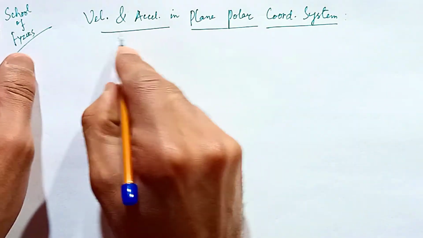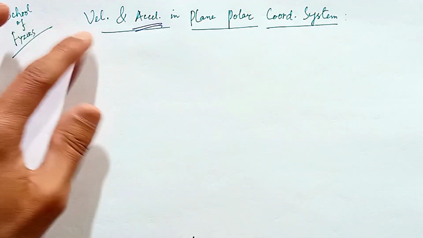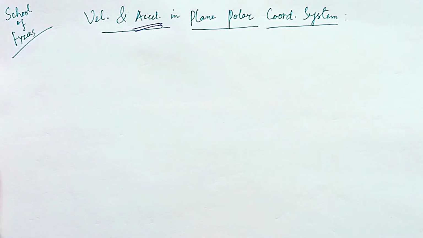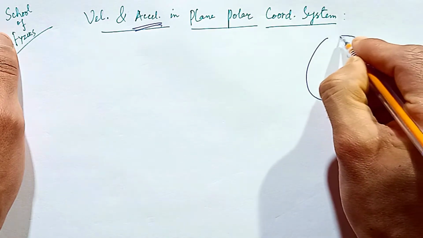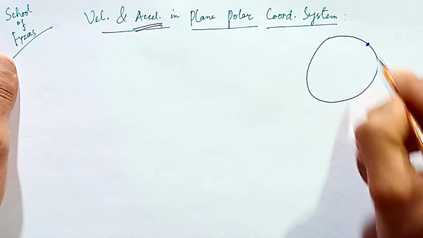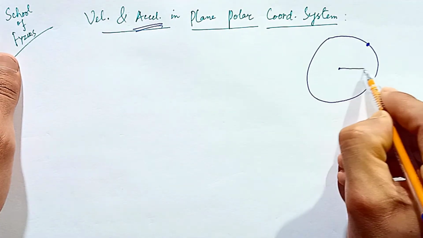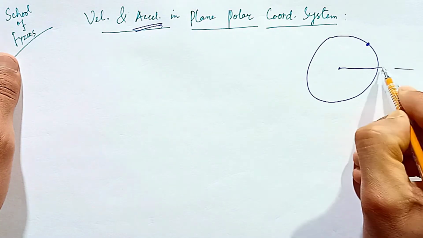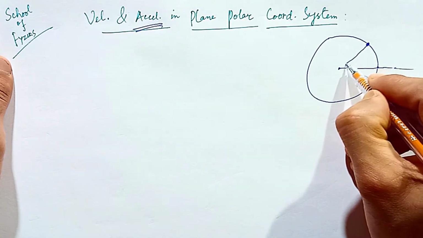So here we are going to discuss and calculate velocity and acceleration in the polar coordinate system. For example, as in the previous lecture, I took the particle moving along a circular path with the center here, the initial position. It started from here, making an angle theta with this axis at any instant of time.